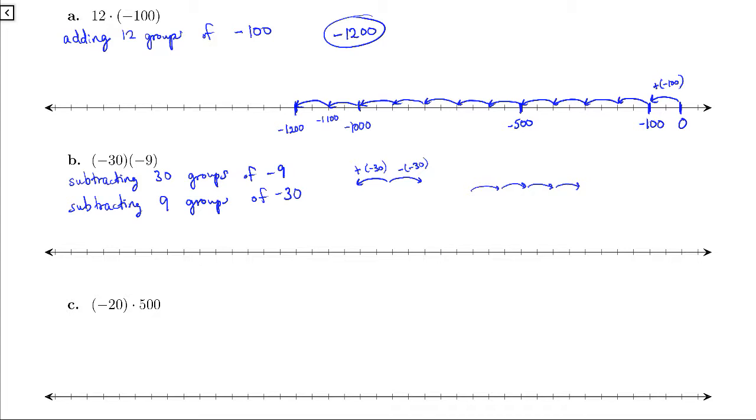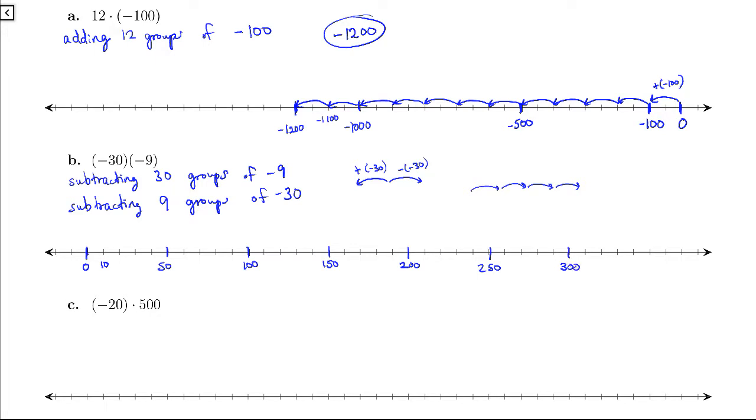So I'm actually going to put 0 here, and I'm going to label by tens. 10, 20, 30, 40, 50, 60, 70, 80, 90, 100, 110, 120, 130, 140, 150, 160, 170, 180, 190, 200, 210, 220, 230, 240, 250, 260, 270, 280, and 300.